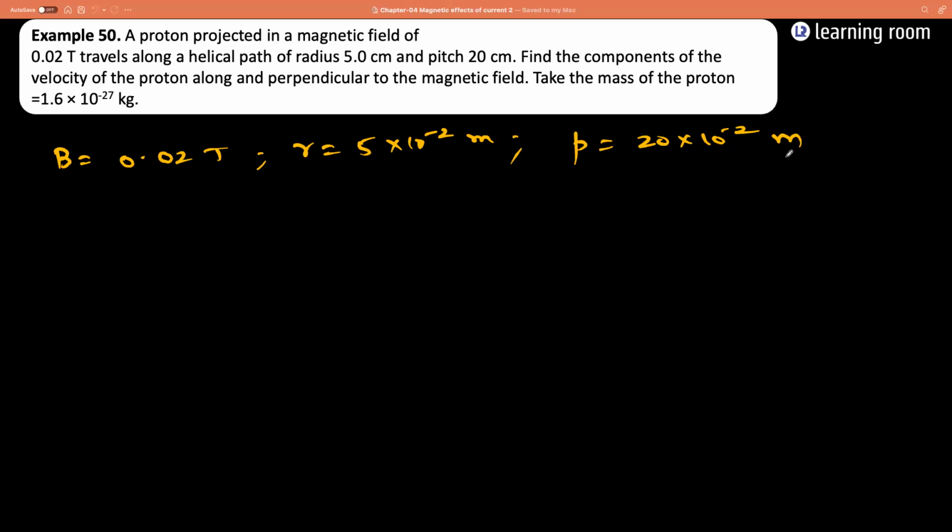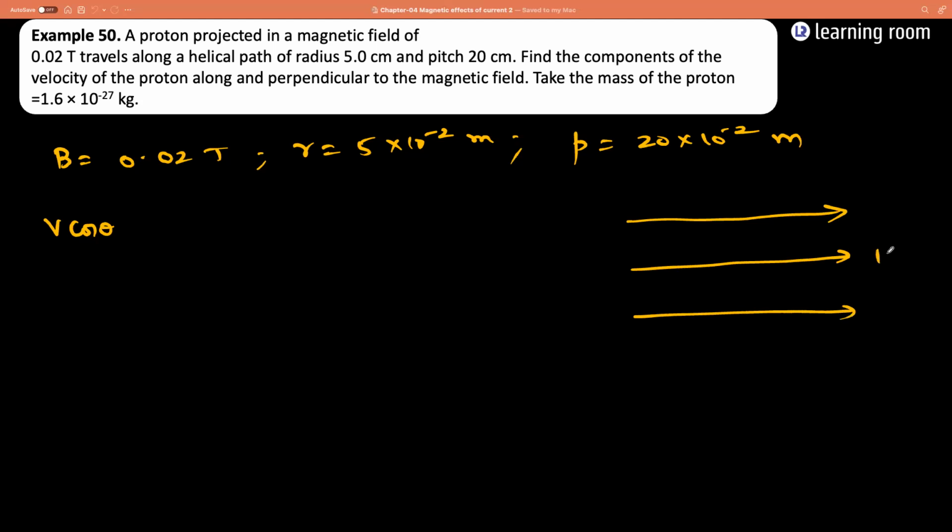So along the magnetic field, what is going to be the component? It will be V cos theta. I'm not sure how many of you remember this concept, I'll explain this. Listen. If there is a uniform magnetic field existing, and a charged particle is projected at an angle theta like this, then V can be resolved into two components as V cos theta and V sin theta.